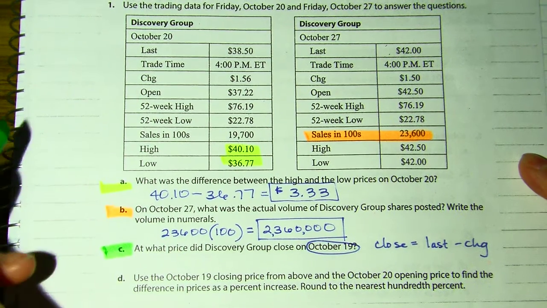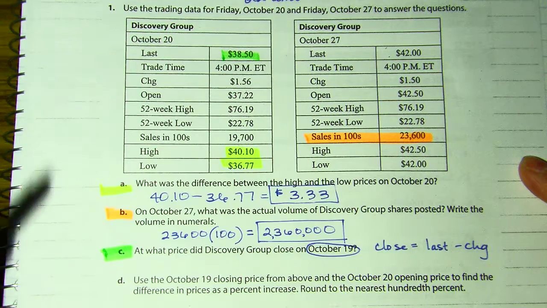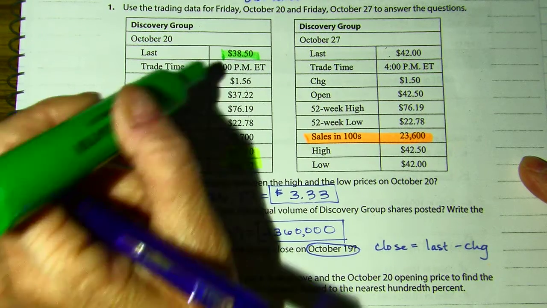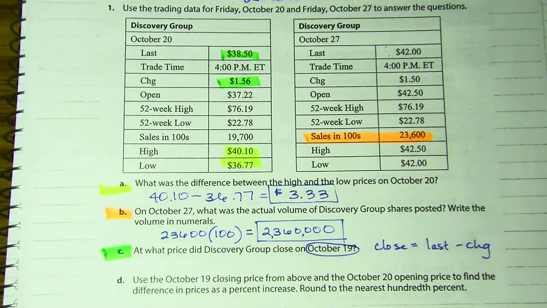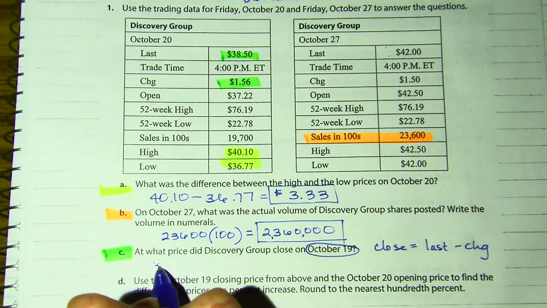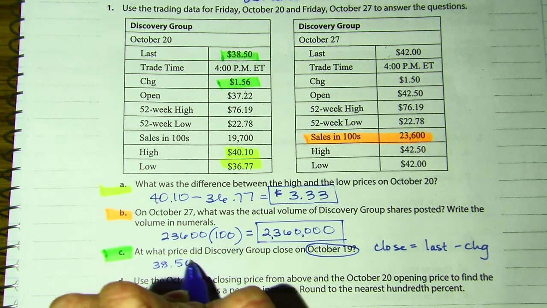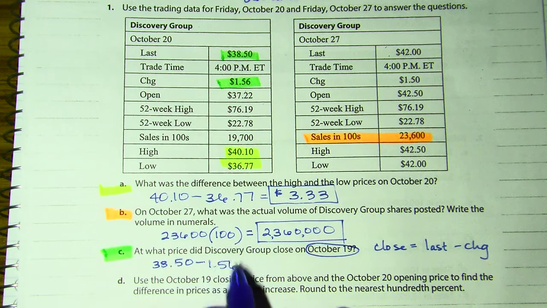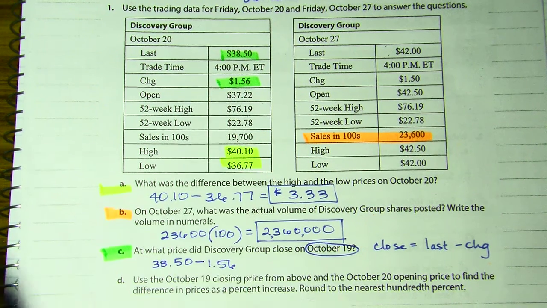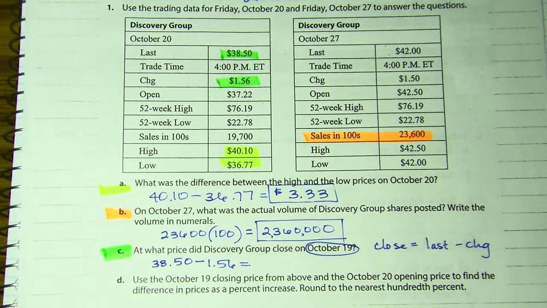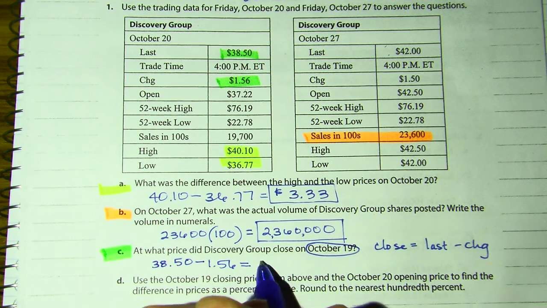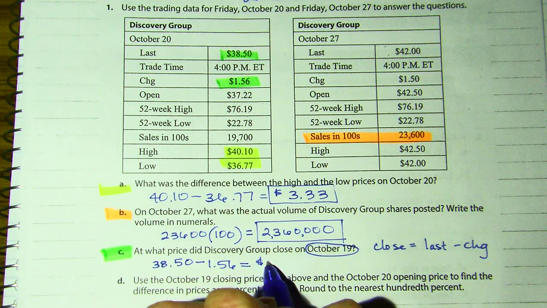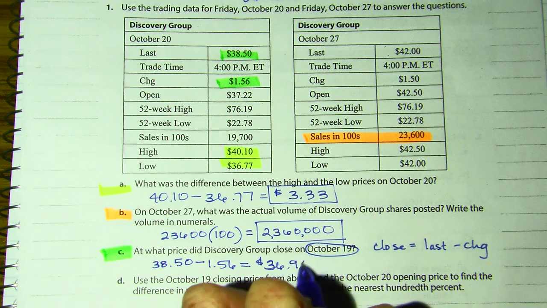So I'm looking at the last minus our change. I have 38.50 minus the change, and it's a positive change, meaning it went up from yesterday. So 38.50 minus 1.56, and I get that the last price on the 19th must have been 36.94.